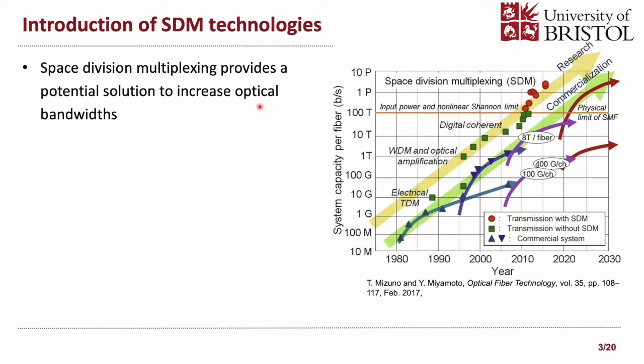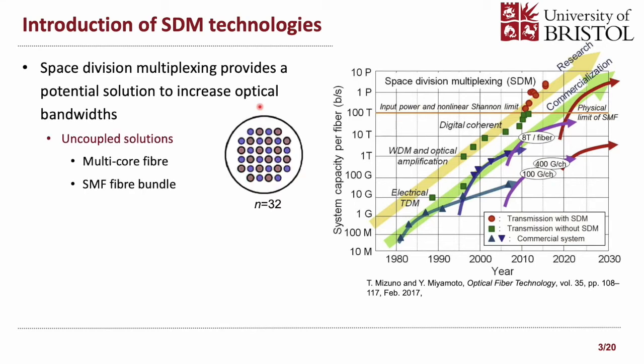So there are several technologies that can be used to achieve space division multiplexing. Firstly, there are uncoupled solutions. For example, we can put multiple single mode fibers together in a bundle, or we can use multiple fibers. This is an uncoupled solution. This is a 32-core multi-core fiber.